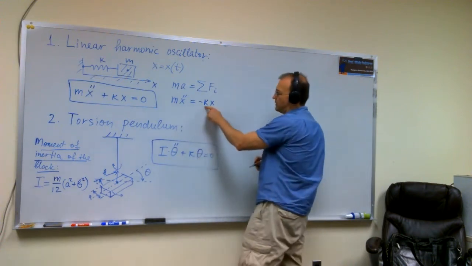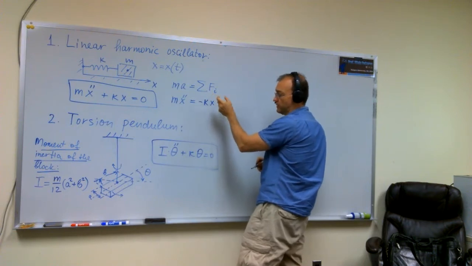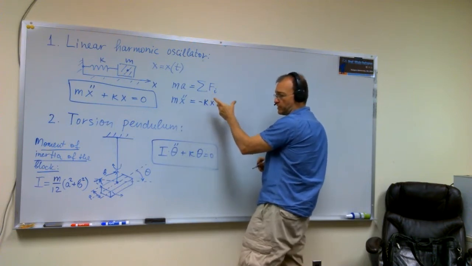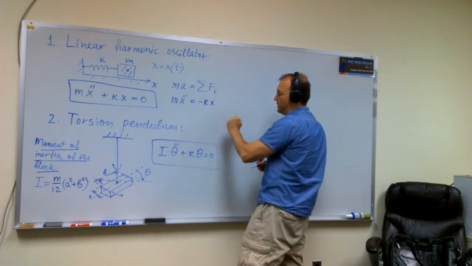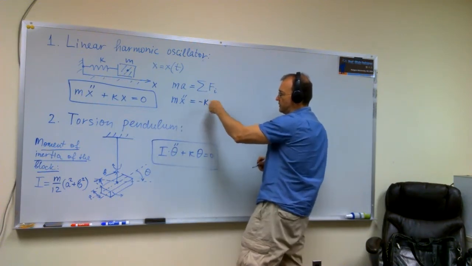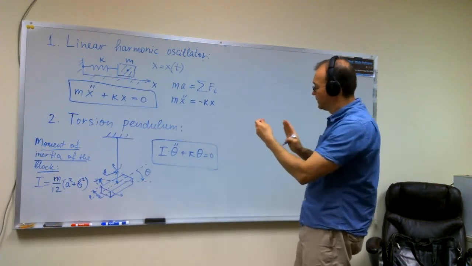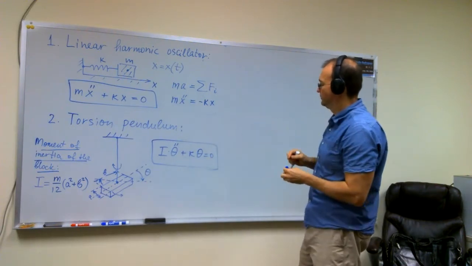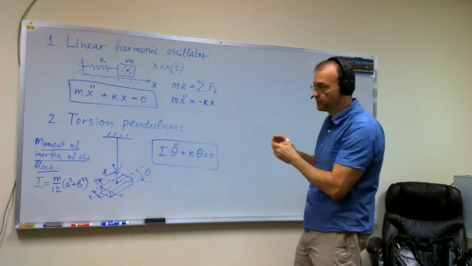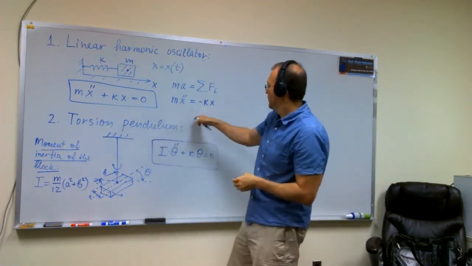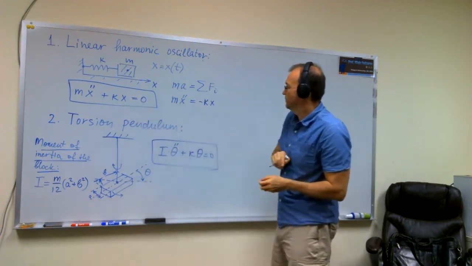So k is the spring constant, x is the amount of stretching or compression of the spring. So this is simply the force for the small compression or extension of the spring, in the linear regime. You can rearrange it and you get this, okay?